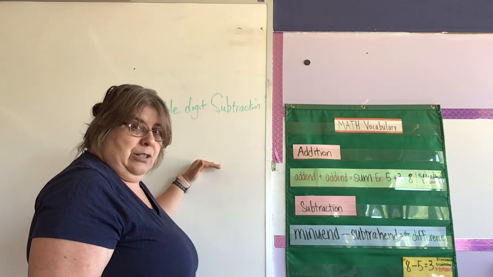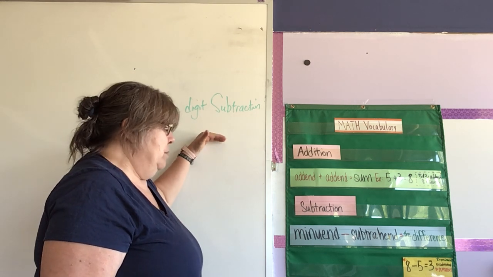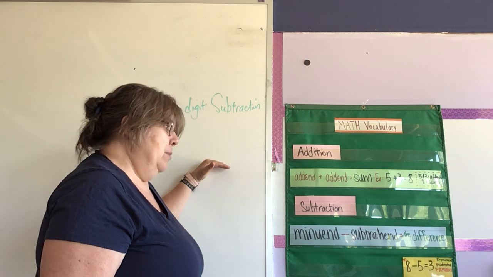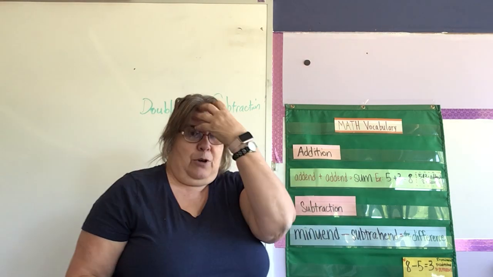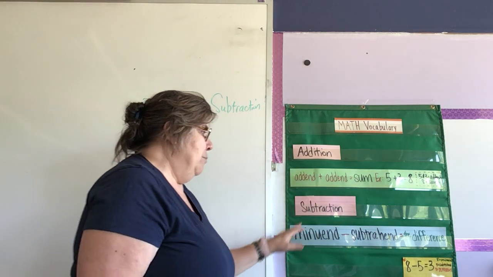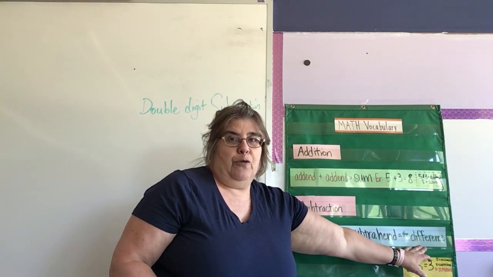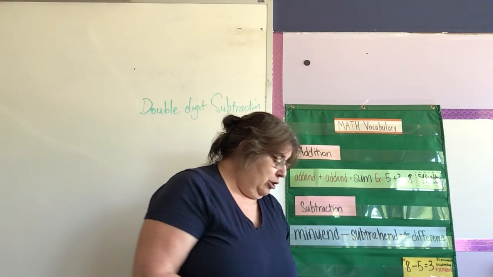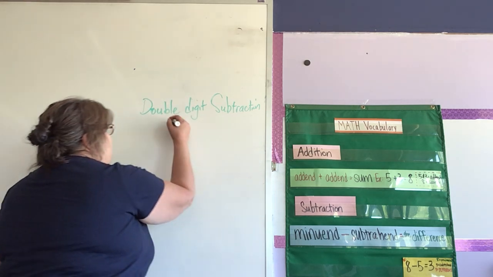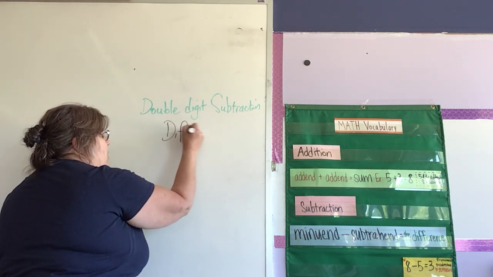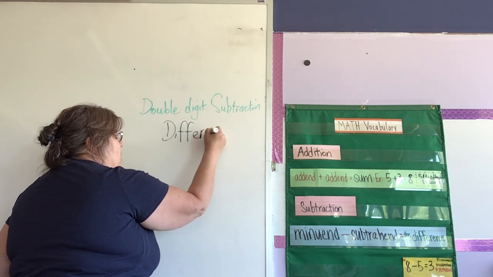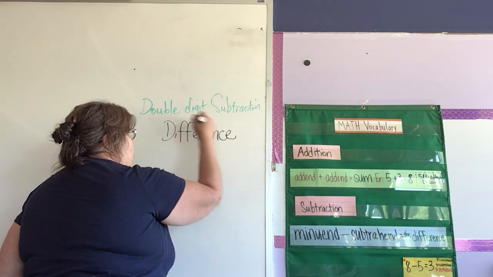The subtrahend is the number that goes on the bottom. The big thing I want you to remember today is that when we subtract, we're looking for the difference between two numbers.